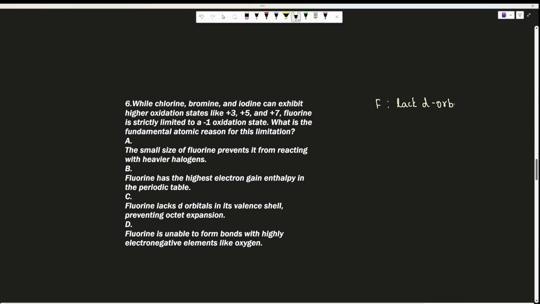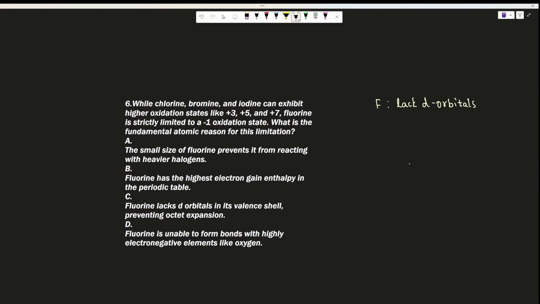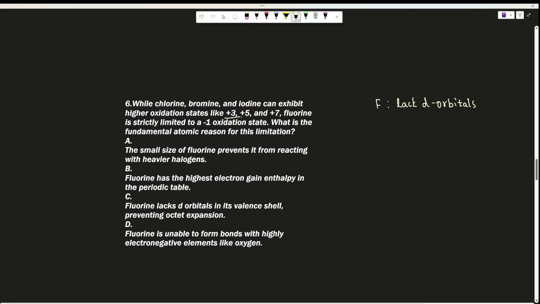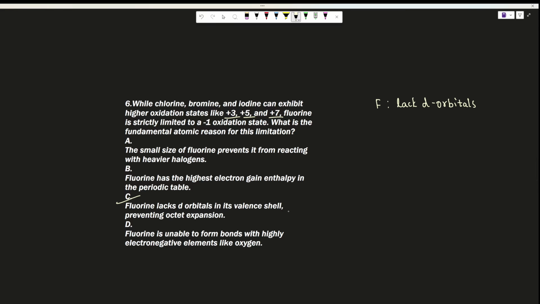So they cannot expand their covalence. We know it. Because of the same reason, excitation of electrons is not possible, unpairing is not possible, and hence it is not possible to have these higher oxidation states. So fluorine lacks d orbitals in its valence shell, preventing octet expansion.